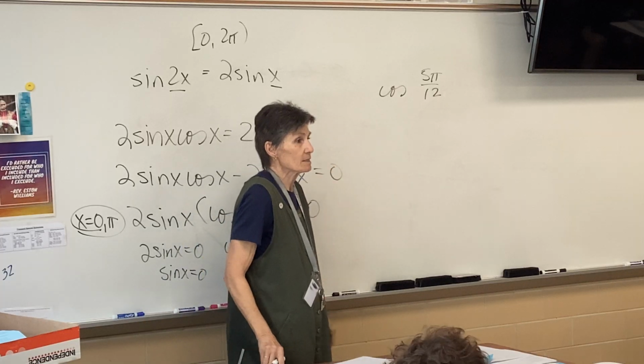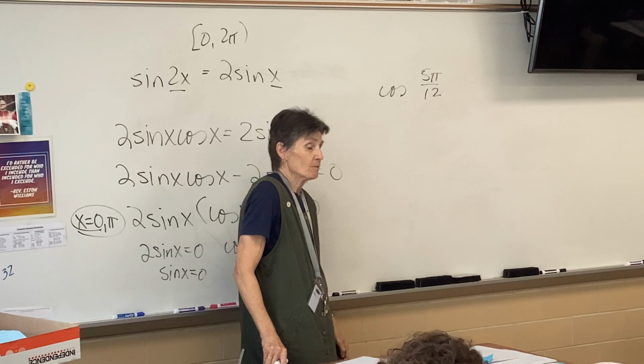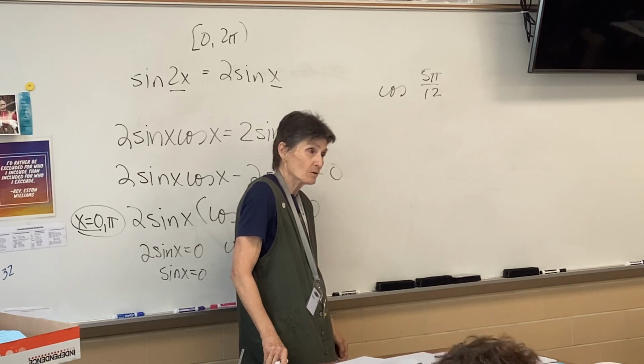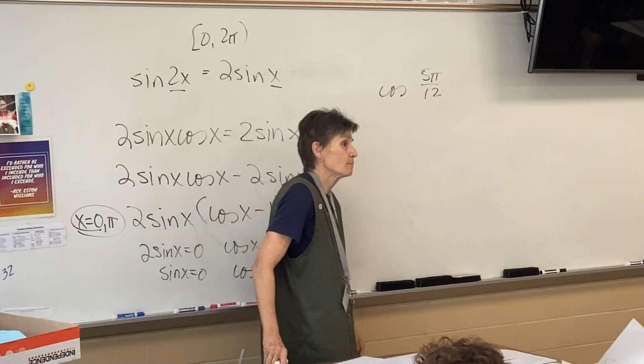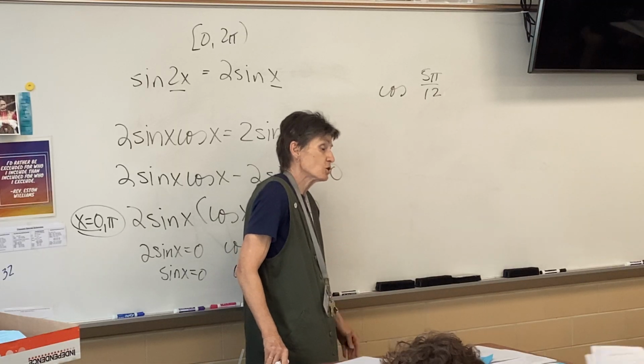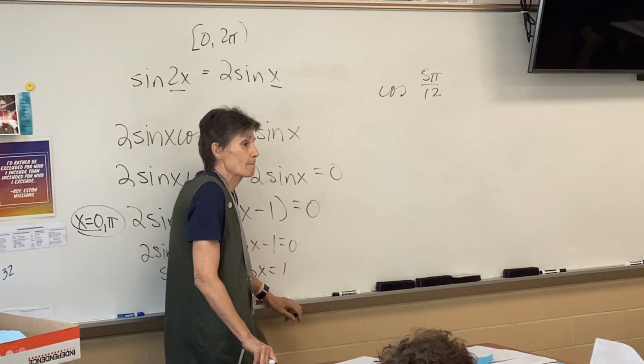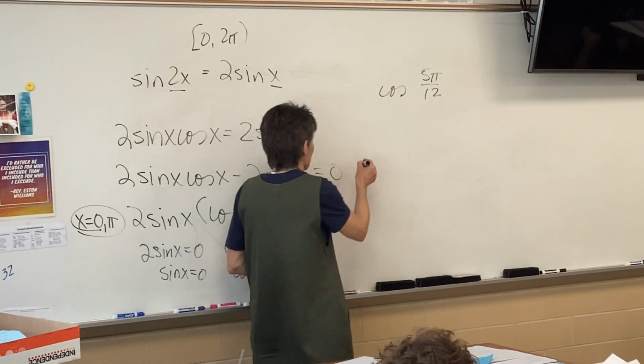How are we gonna do this? No calculator. Pi over 12 is not on my unit circle, so what do I do, Charlie? Either add or subtract by it. Yeah.